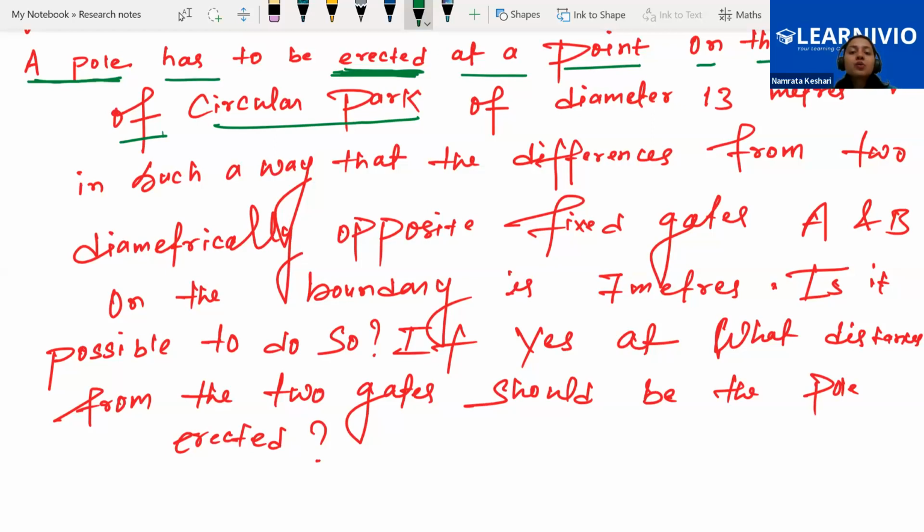This is how we are going to read the question. Even if there are 2 paragraphs, 3 paragraphs and the problem looks huge, word by word we need to understand, statement by statement we will be reading. And if any data is there, we will note it down over here. So there is a pole which is erected, meaning standing, at a point on the boundary of a circular path.